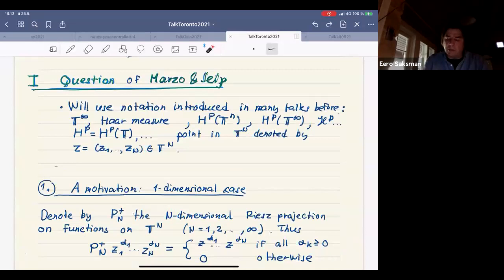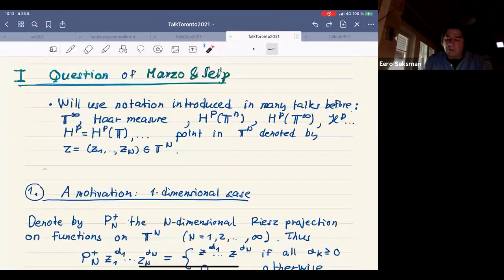You don't need to look only at the infinite torus; in any dimension we will also look at H^p on T^n.